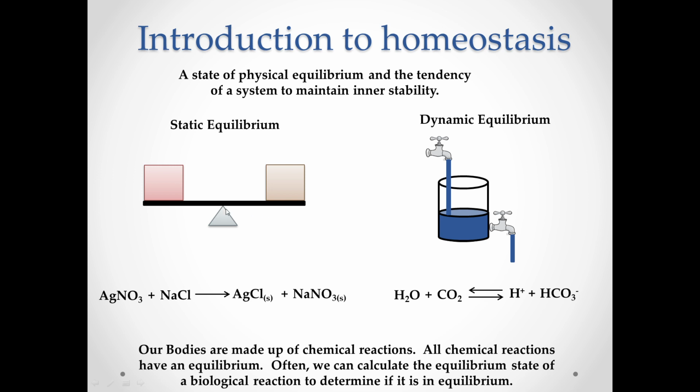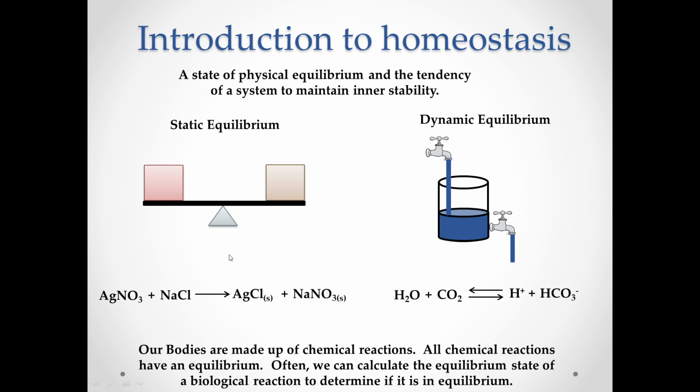Now, in a static equilibrium, the teeter-totter or the balance is displaced equally, such that there is an equal amount of weight on, in this case, the left side of the balance compared to the right side of the balance, such that no side is touching the ground.